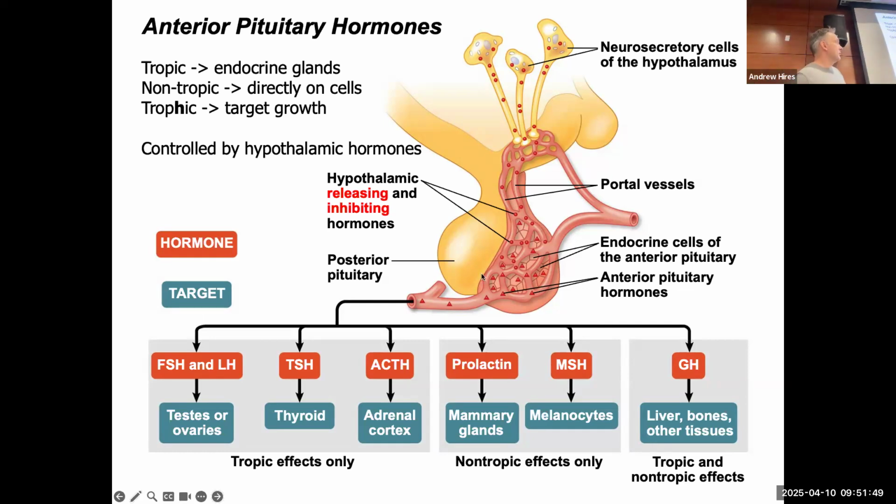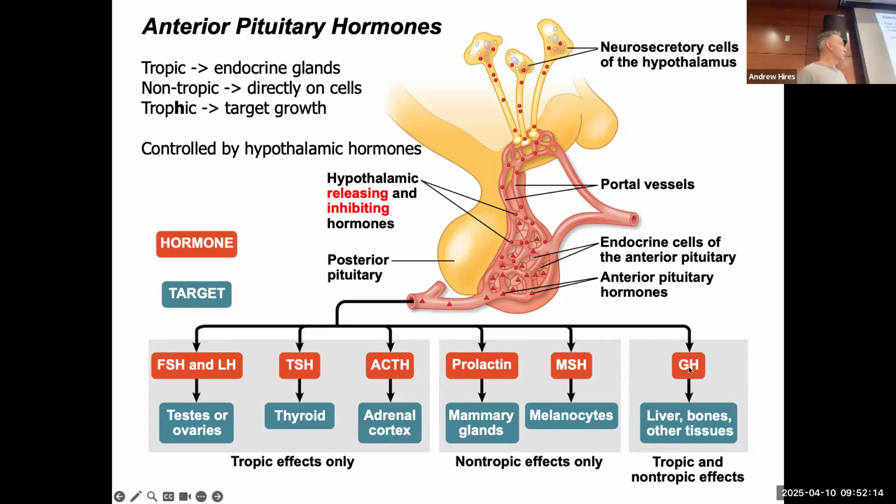Then we have thyrotropes. These are cells within the anterior pituitary that produce TSH. Then we have corticotropes. These are cells within the anterior pituitary that produce ACTH. We have lactotropes that release prolactin. And then we have somatotropes, which release GH.